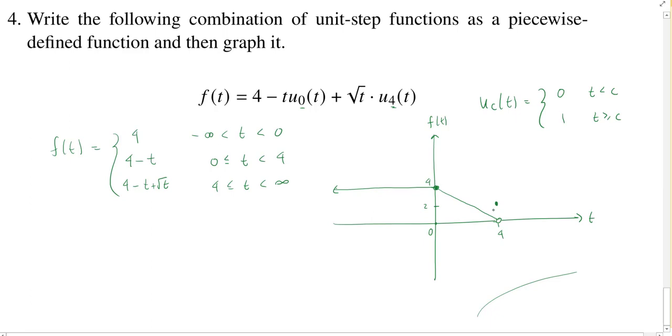All right, and I don't know, maybe we can sort of guess what it's doing a little bit. So remember we just said that when we put in t equals 4, this first part was 0. Now as t grows, this is going to be getting negative, and the root t is going to be positive.